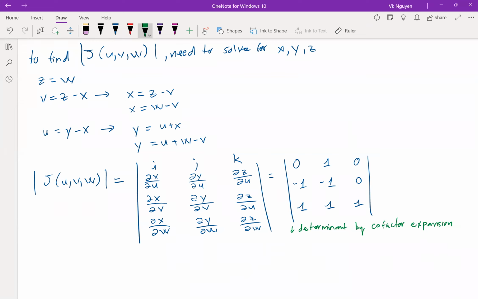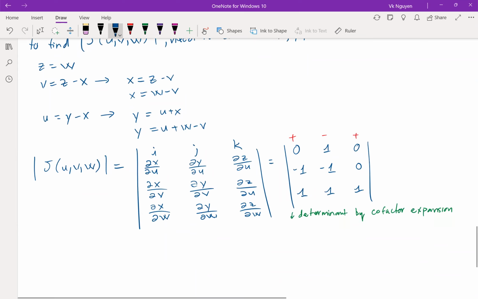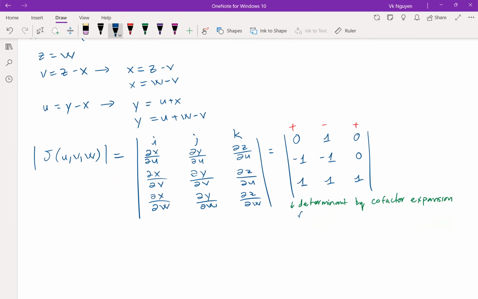The reason I write i, j, k is that you have a plus, minus, plus pattern, so it goes the same. I can choose to expand through the very first row. I'm going to choose the first row expansion, so you can get an idea of what is going on here.